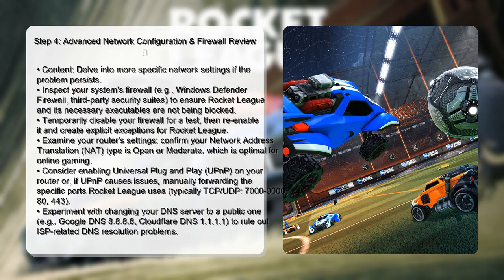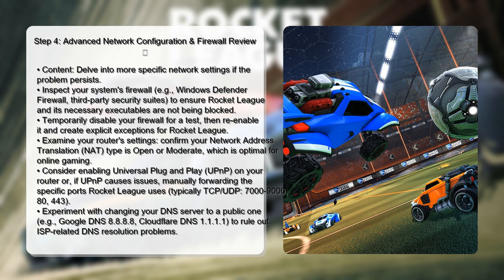Step 4. Advanced network configuration and firewall review. Delve into more specific network settings. If the problem persists, inspect your system's firewall, Windows Defender Firewall or third-party security suites, to ensure Rocket League and its necessary executables are not being blocked. Temporarily disable your firewall for a test, then enable it and create explicit exceptions for Rocket League. Examine your router settings.